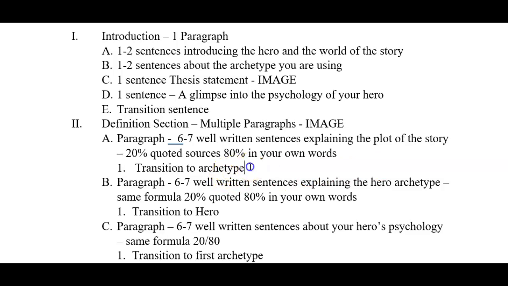Next, you transition to the next paragraph in this definition section. That paragraph will be 6 to 7 well-written sentences explaining the hero archetype that you've chosen. Same exact formula. 20% quoted, 80% in your own words.